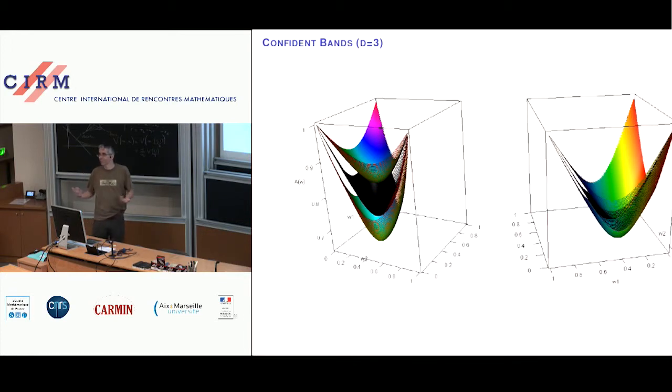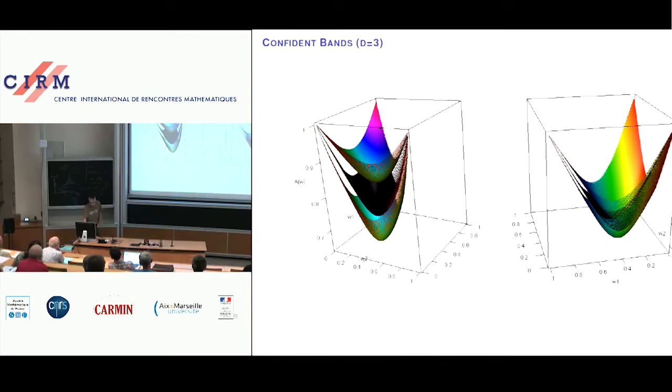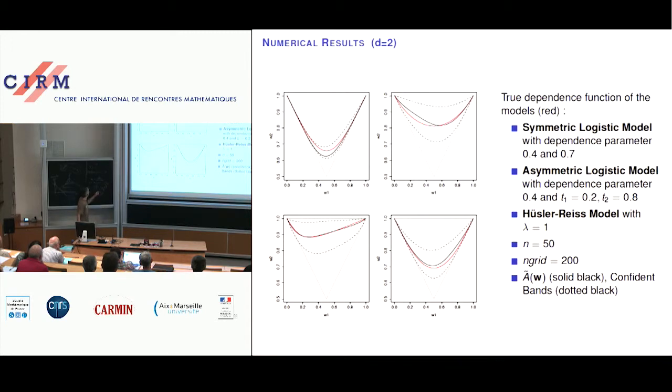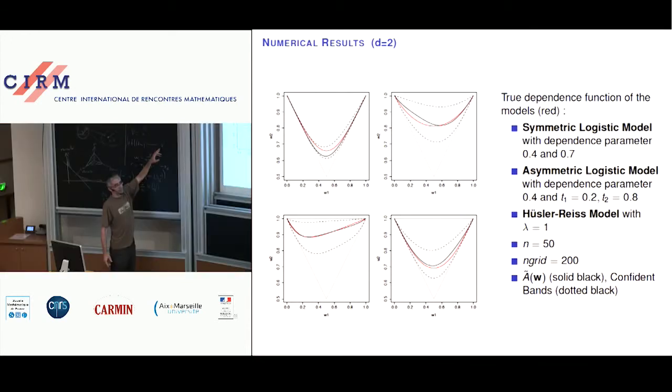But you could do that in d equals 5 or 6 or 7, whatever. It's the confidence band for the A function. The A function is basically the V function, but expressed on the simplex. So if you have the A function, basically you can compute anything after in terms of the distribution.